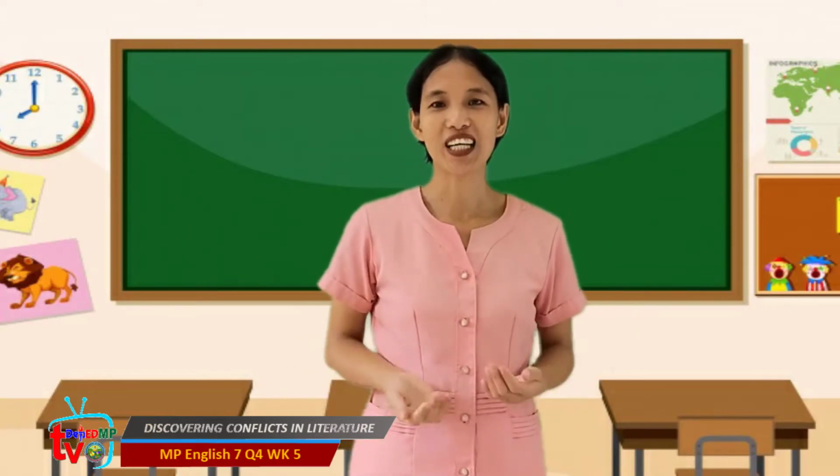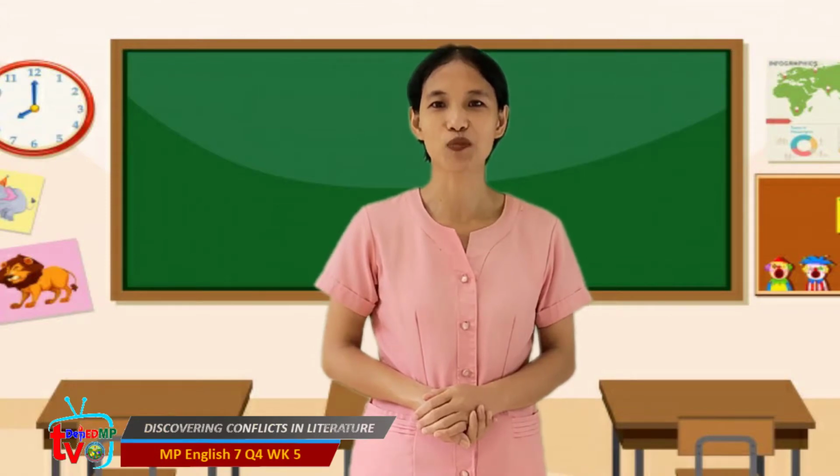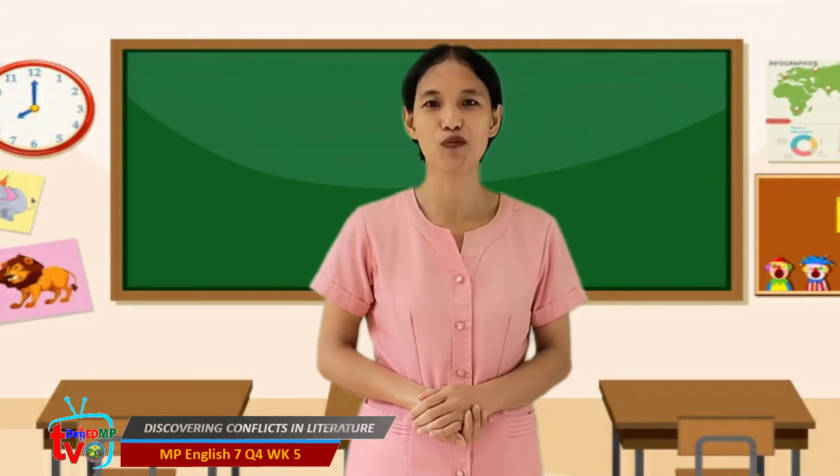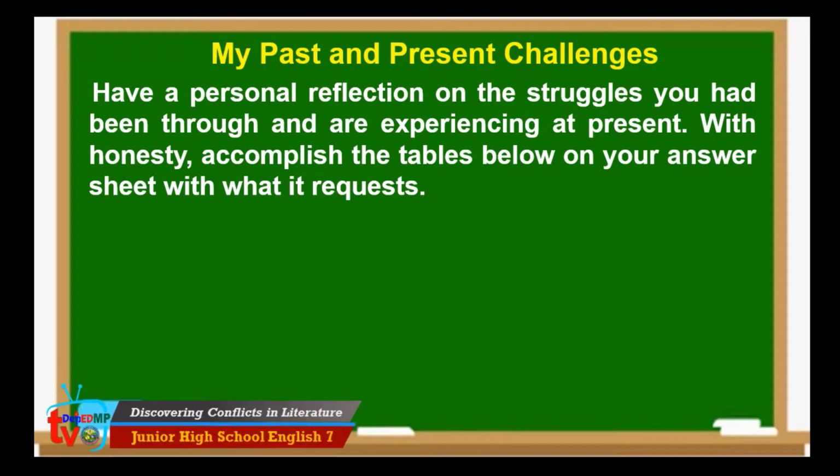Now for your additional activity, do the task My Past and Present Challenges presented on your self-learning module. Have a personal reflection on the struggles you have been through and are experiencing at present. With honesty, accomplish the tables below on your answer sheet with what it requests.